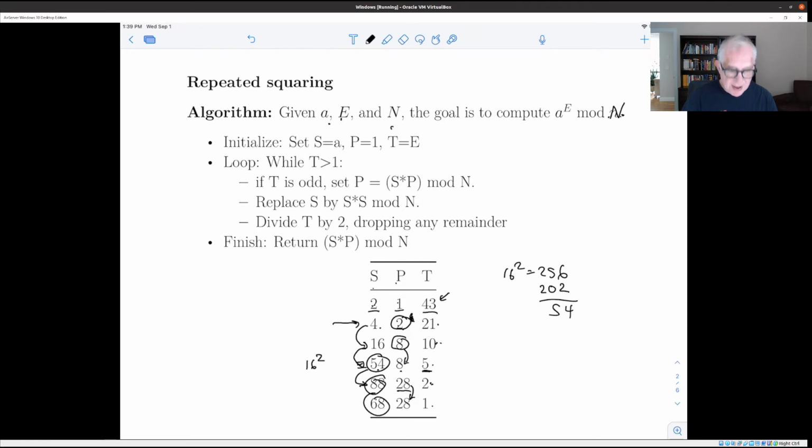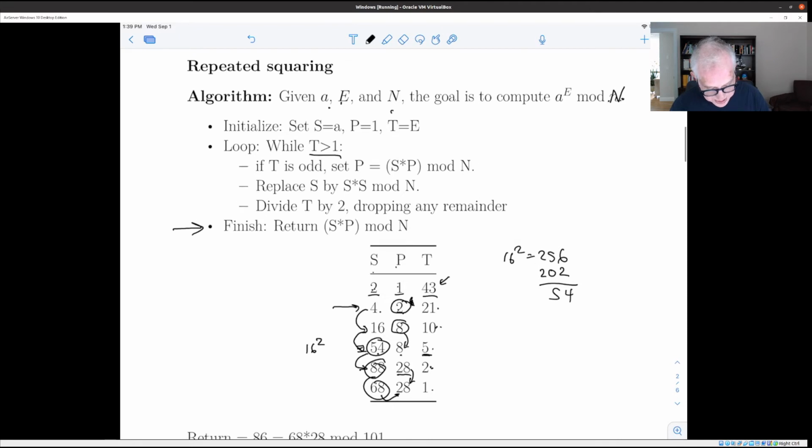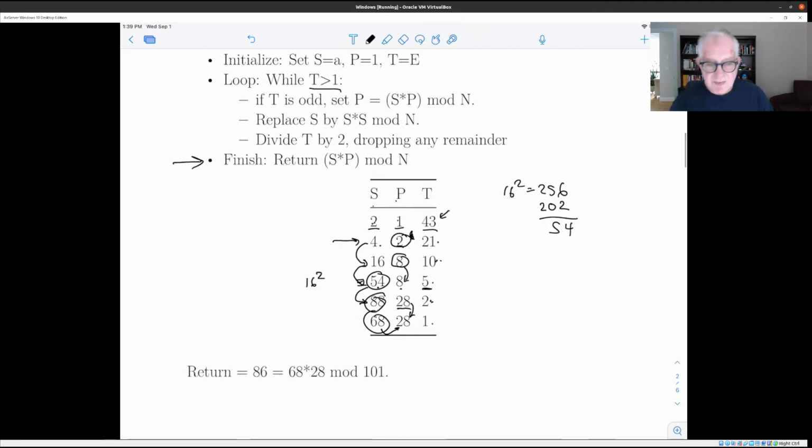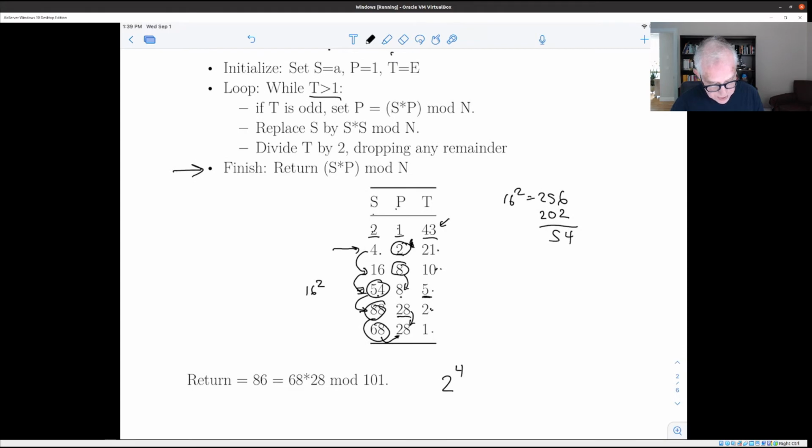You divide the 2 by 2, and you get 1. And now you've reached the point where T is 1, so you go to the final step, and the answer is the S number times the P number, or 68 times 28, which mod 101 is 86. So the result, 2 to the 43rd, is congruent to 86 mod 101.